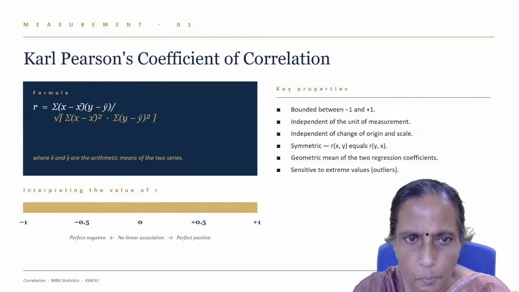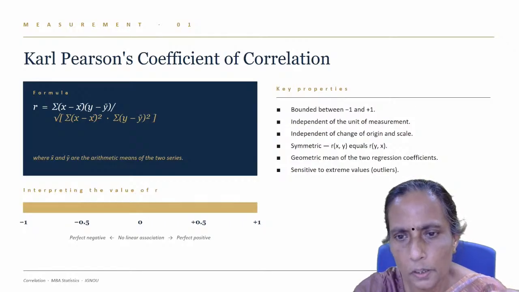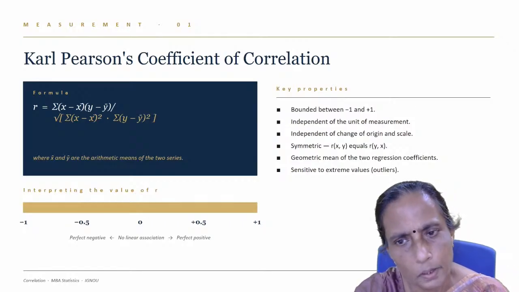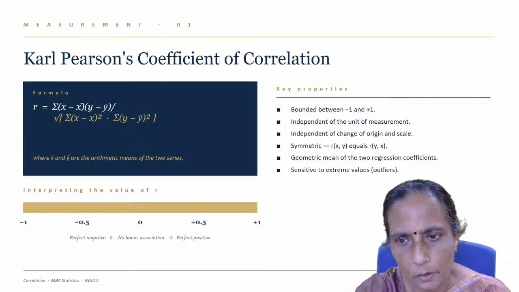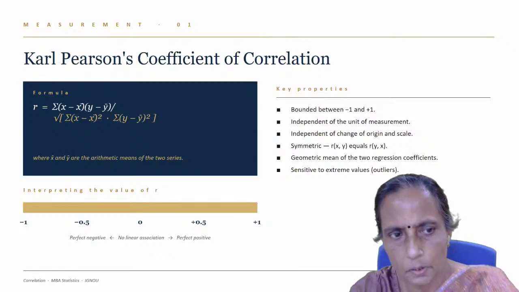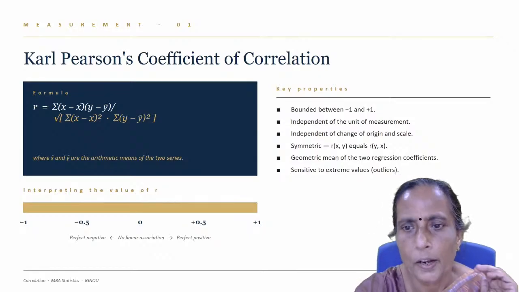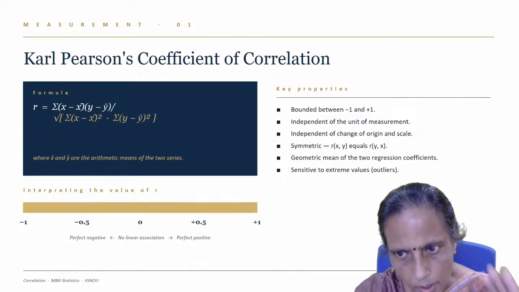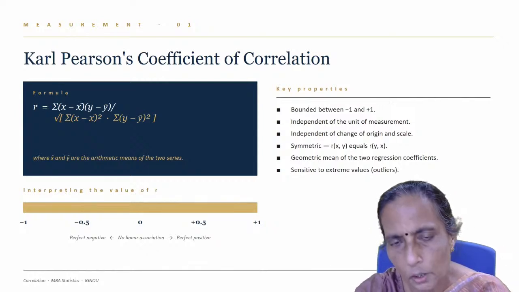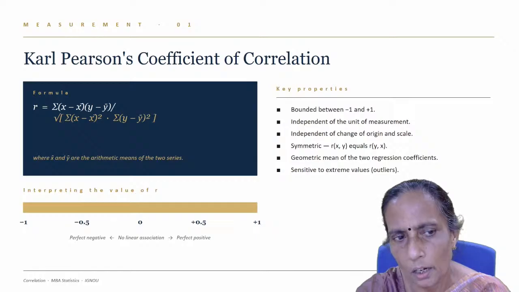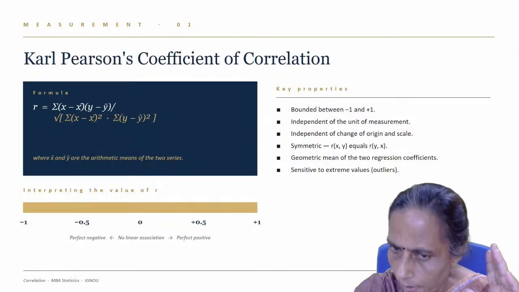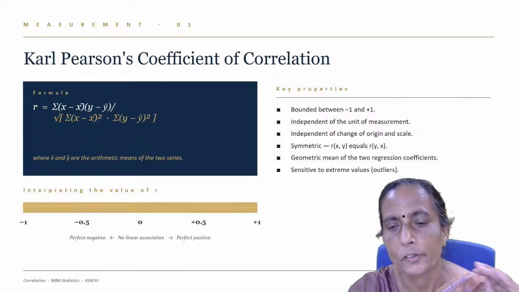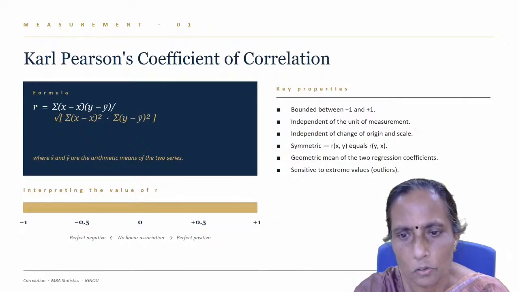Key properties of the coefficient of correlation: it is bounded between -1 and +1, as all correlation coefficients are. It is independent of units of measurement because it is a ratio, and independent of change of origin and scale. Whether you change the origin or the scale of the series, the value of r never changes; it remains constant.